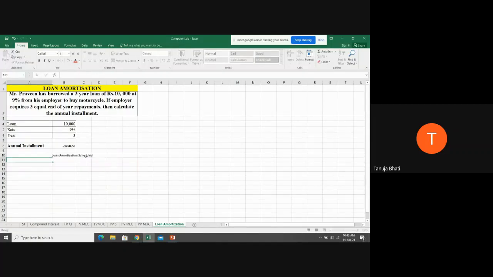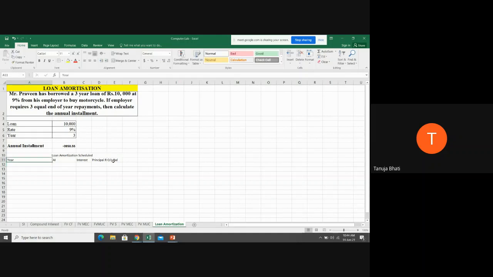You need to write everything here: year, then installment, interest, principal repayment, then outstanding balance.